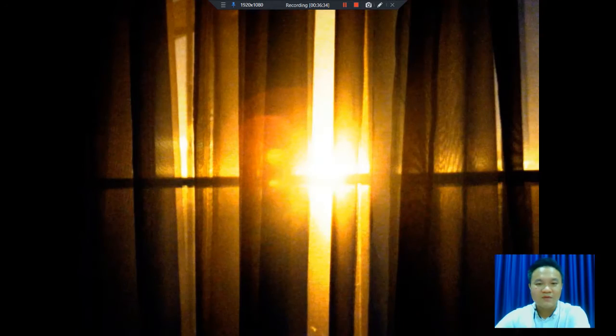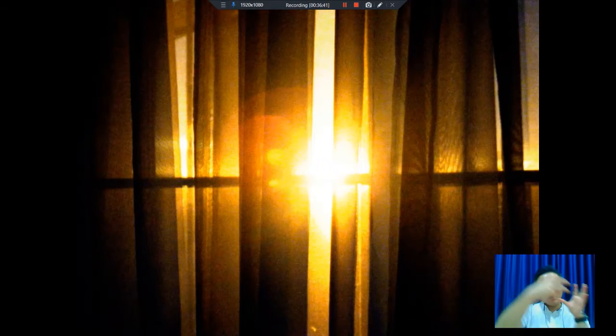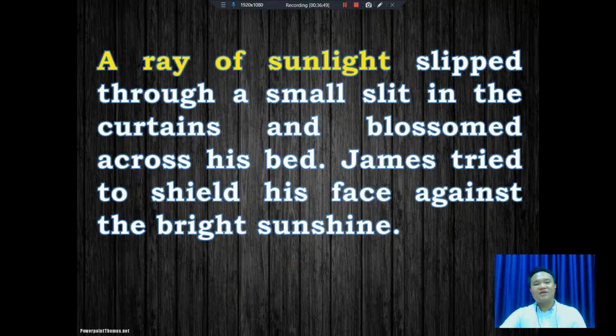Now, if we look at this picture of the curtain, and suddenly a ray of light came in from the curtain, how are we going to describe this form of a lighting effect? You can say a ray of sunlight slipped through a small slit in the curtain and blossomed.